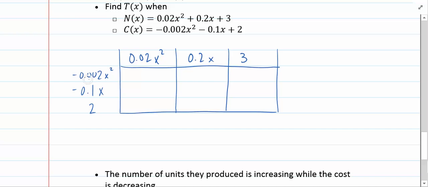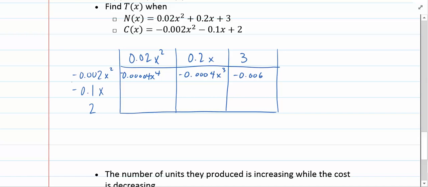Negative 0.002x squared times 0.02x squared is a negative 0.000004x to the fourth, and negative 0.00004x to the third power. Oops, I forgot my 4 over here. And for this last one, negative 0.006x squared.